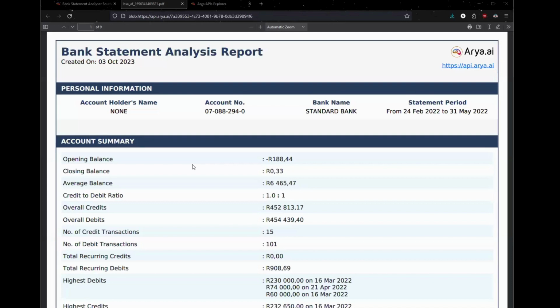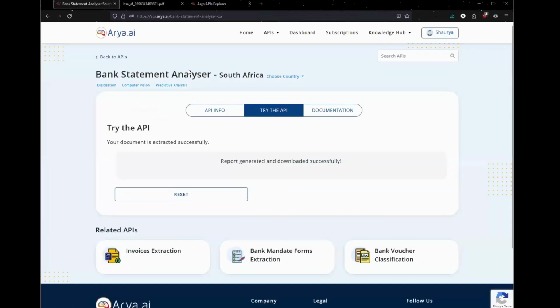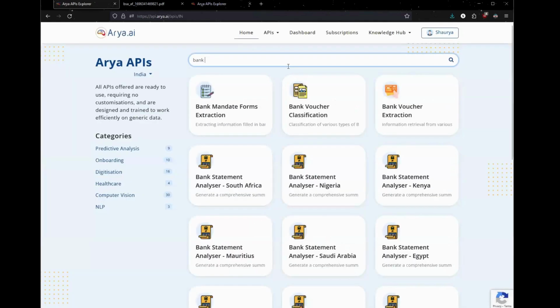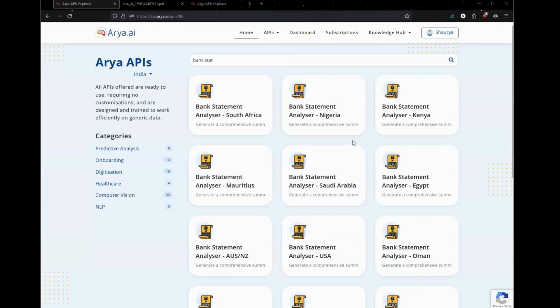Another follow-up question is, do you support bank statements in Nigeria? Yes, Eric. We have a separate API for the same, which is called Bank Statement Analyzer Nigeria. If you just go back to APIs here, you can just search for Bank Statement Analyzer, and the second card, as you can see, is Bank Statement Analyzer Nigeria.